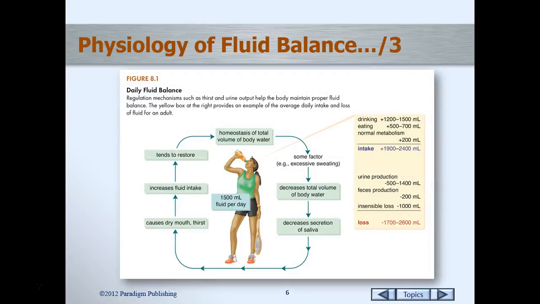So for fluid balance, generally we want to replace fluid daily. What we put in will be approximately equal to what we put out. So we should take in about 2 liters a day, and we expect to put out about 2 liters a day.